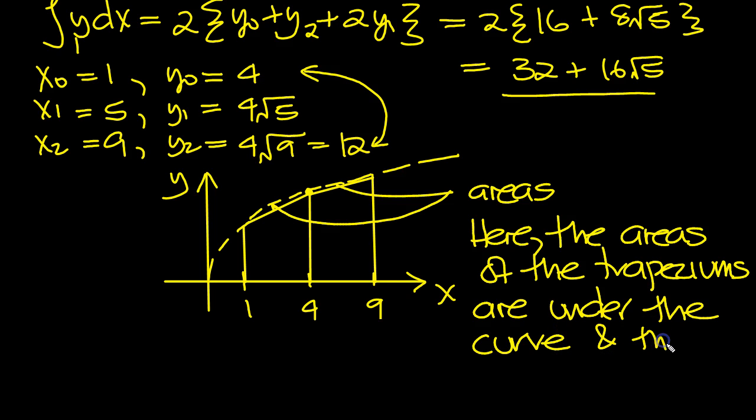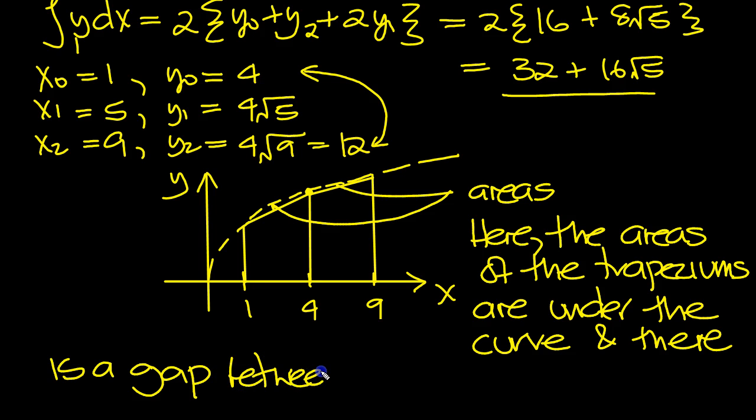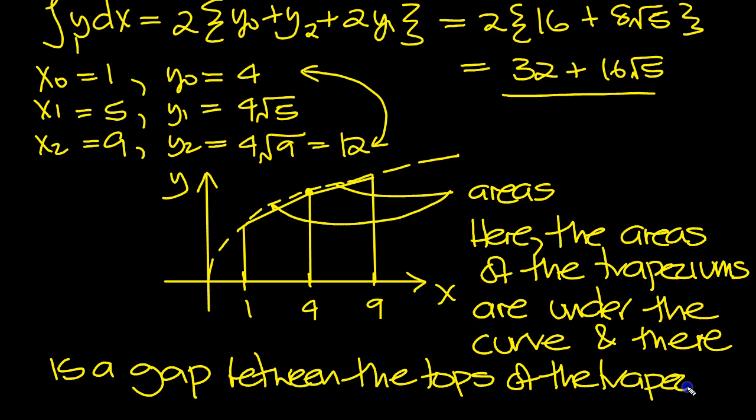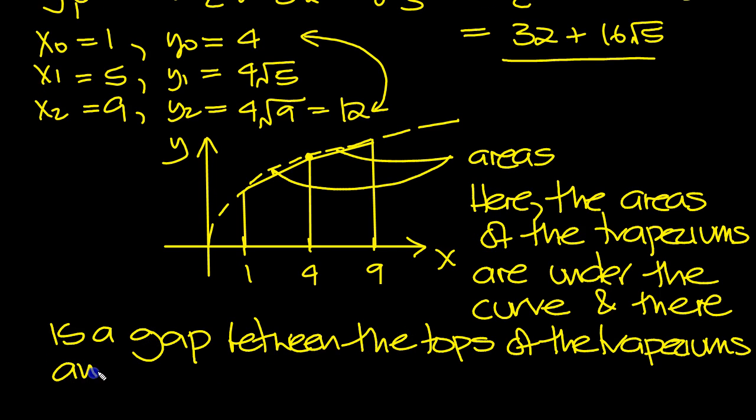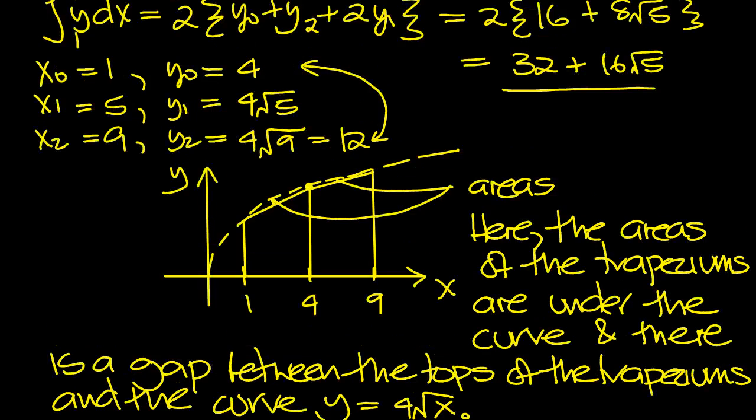And there is a gap, I'll put it over here, a gap between the tops of the trapeziums and the curve. y equals 4 square root x. There we go. So I think that's clear enough.